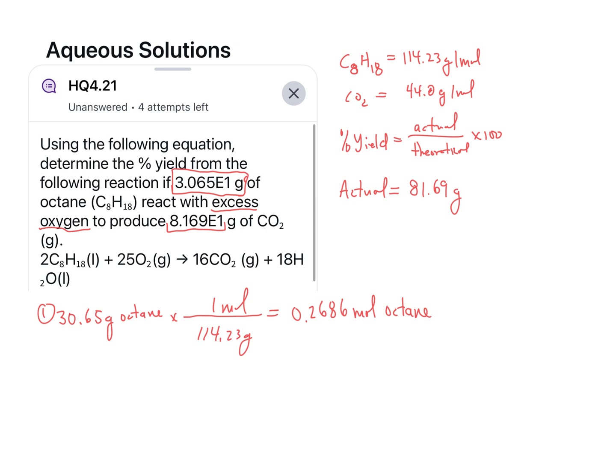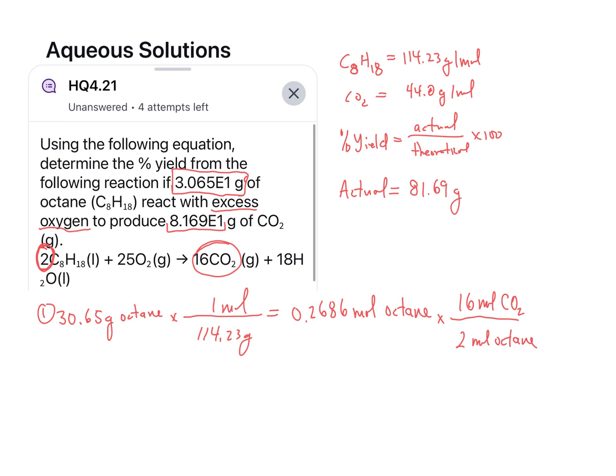of octane. From there, I want to convert that to moles of CO2 to say, okay, based on the moles of octane in the reaction, how many moles of CO2 should I make? And we get that ratio from our balanced chemical equation, right? The coefficients tell us for every 2 moles of octane, I'm going to make 16 moles of CO2.